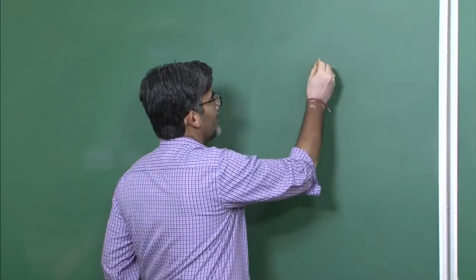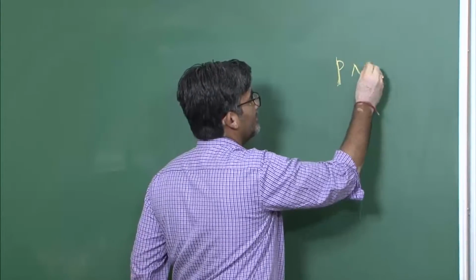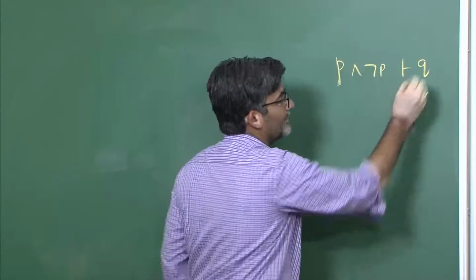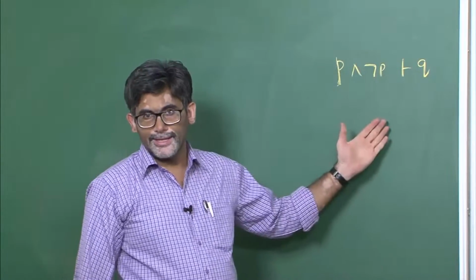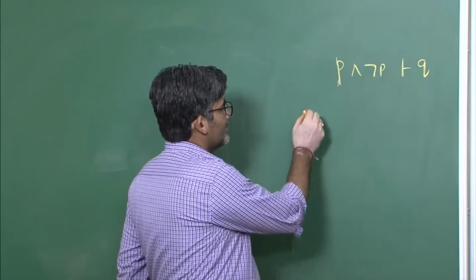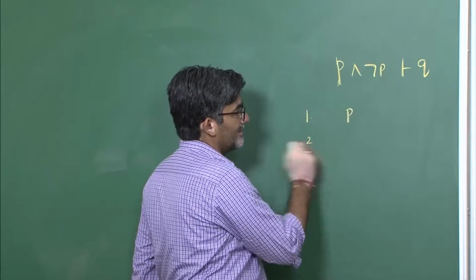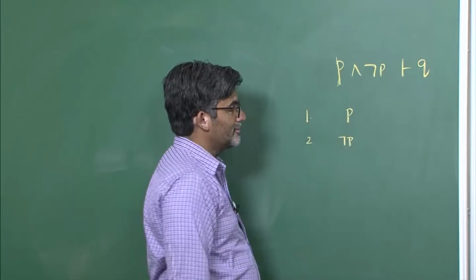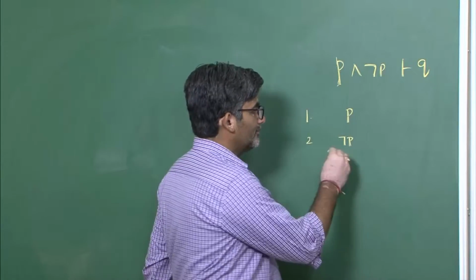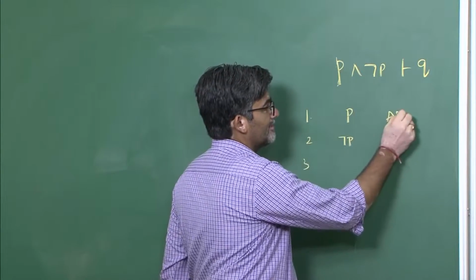So you have P and not P. From that you can deduce any kind of strange proposition. So now the first step is P and not P, assuming that the premises are all true. So these are all assumptions.